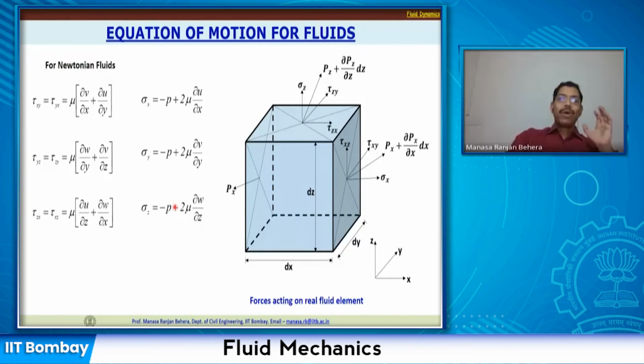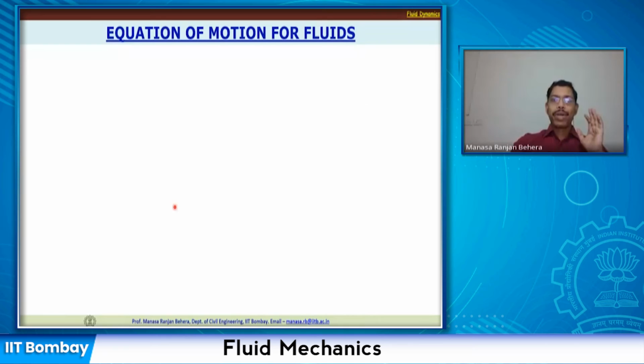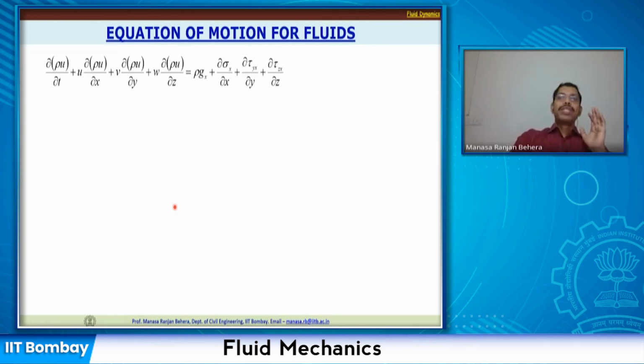So right now altogether in the equation we have 4 unknowns, u, v, w and pressure. So now let us write down the new equation, substituting these values of tau as well as sigma. So this is my equation in the x direction.